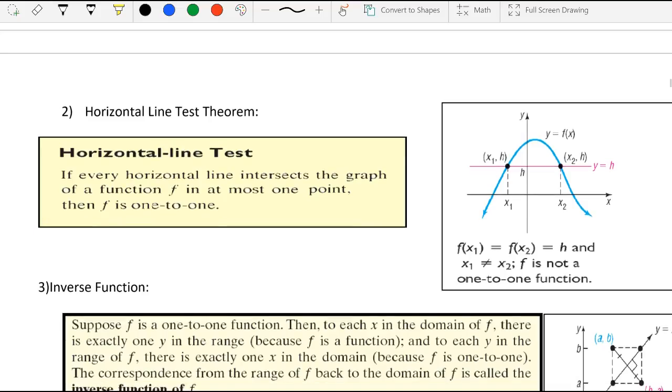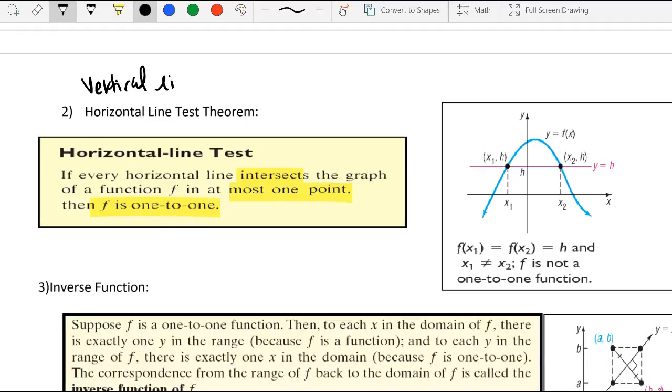Next, horizontal line test theorem. It says, if every horizontal line intersects the graph of a function f in at most one point, then f is one-to-one. So let me remind you what a vertical line test was.